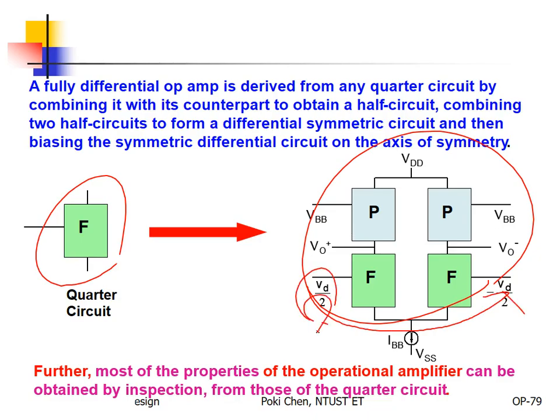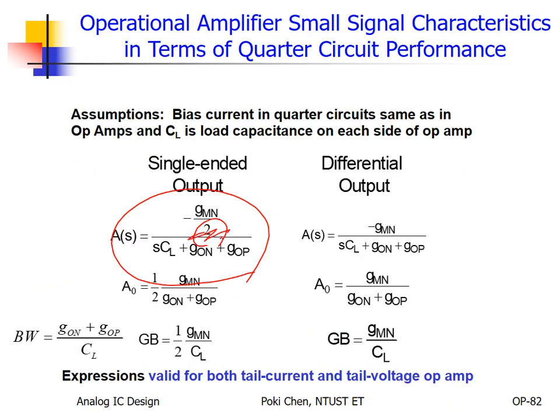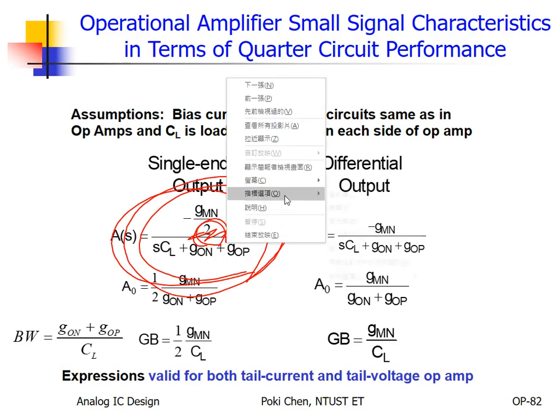For all the others, I taught this to you moments ago already. So right now the only difference is divided by 2. But I explained already. So how about the DC gain?